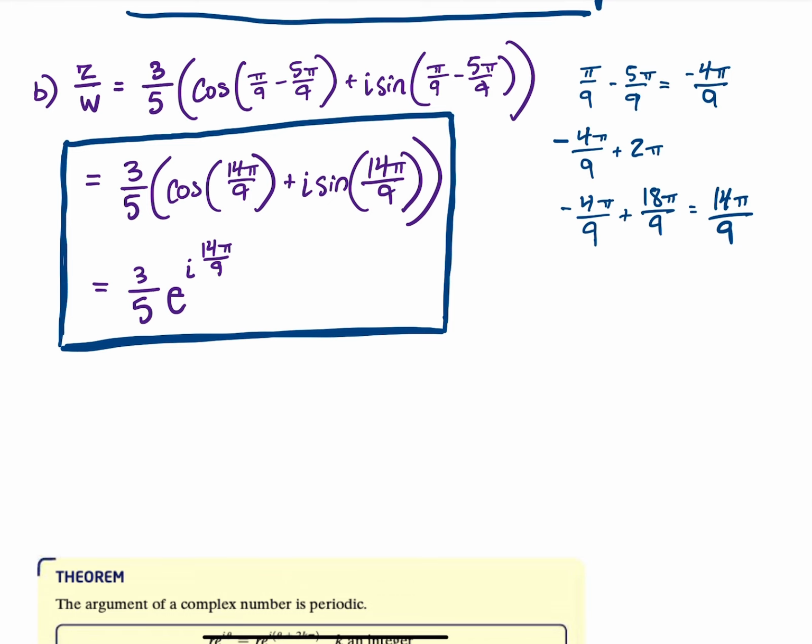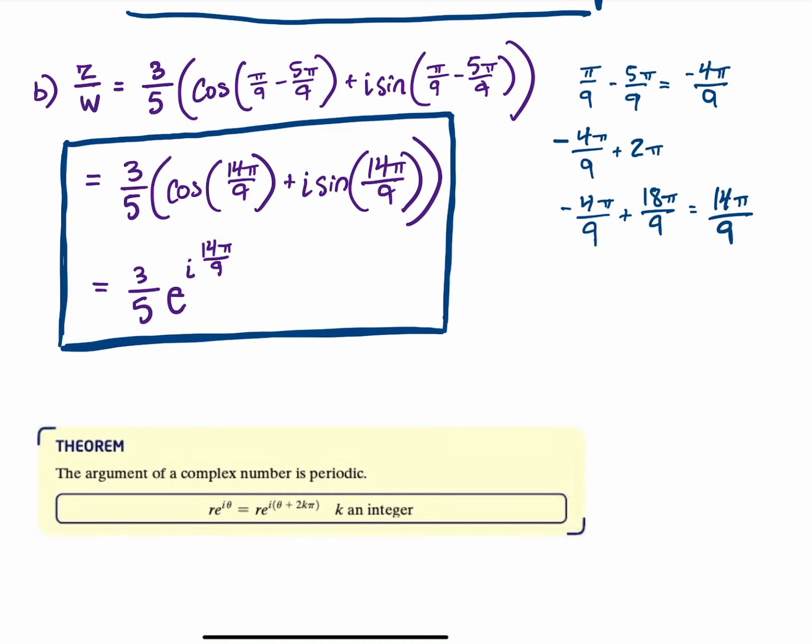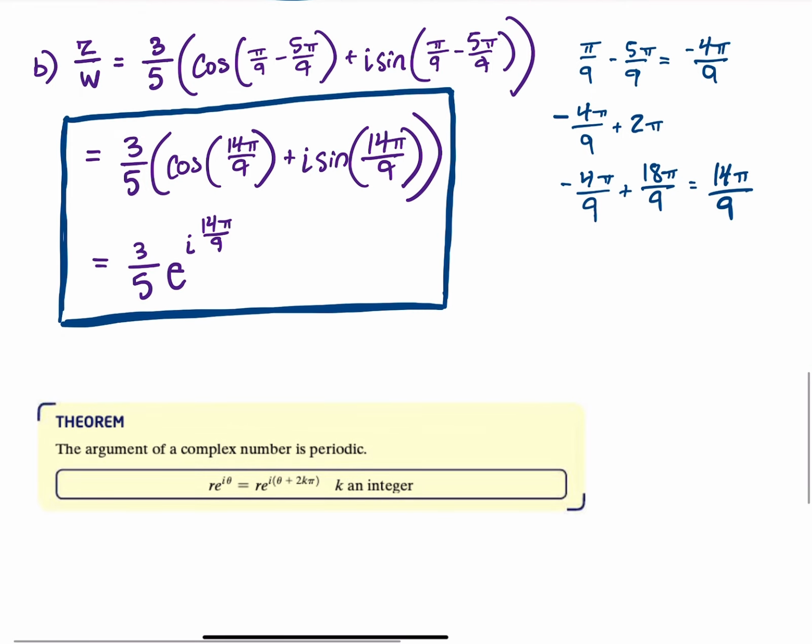The last note here, they just mentioned that the argument of a complex number is periodic, and we basically used that in our argument here, since originally it was going to be a negative number, but we add 2 pi in order to meet the conditions. So that's what it's saying here.